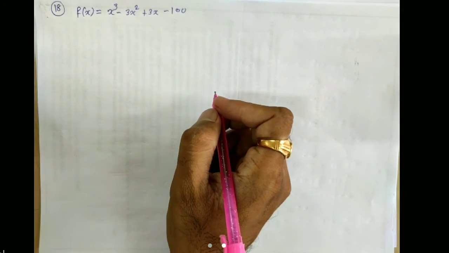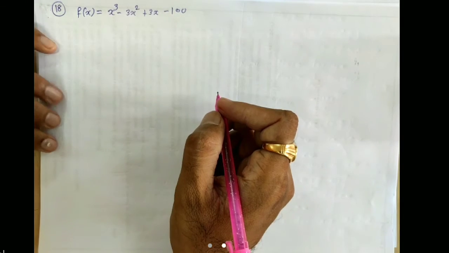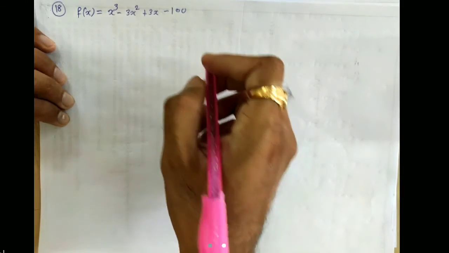This is one polynomial function. F of x equal to x cube minus 3x square plus 3x minus 100 is increasing.